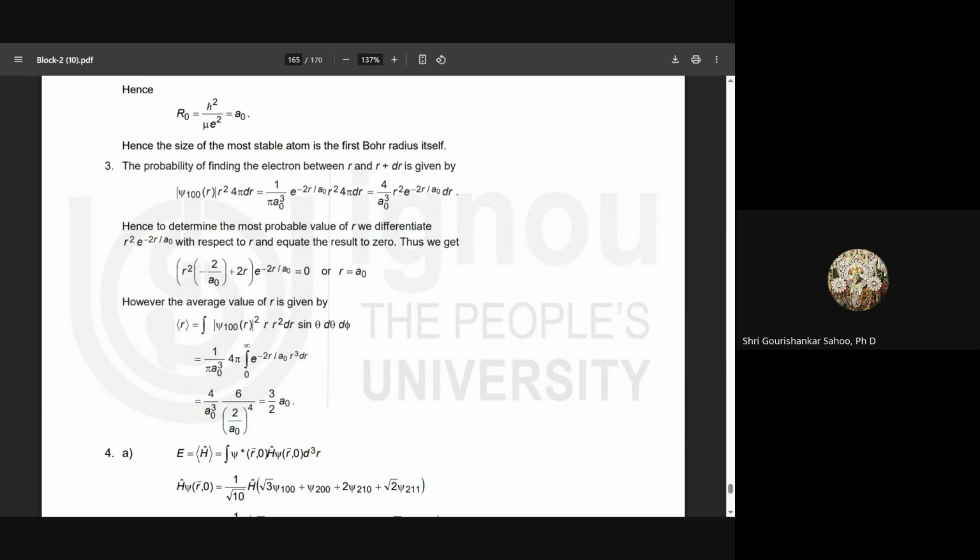So I think it is clear to you how important quantum mechanics is in the microscopic world, and for the dynamics of electrons, protons and similar particles in an atom or a molecule. Quantum mechanics will be very helpful. So thank you all for your patience in listening, and if you have any doubt, you can ask.